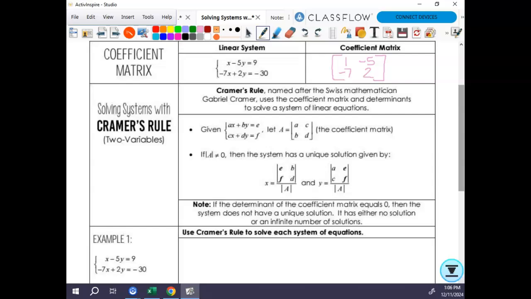We have the variable matrix, so like the x and the y. This would be our variable matrix. And then we have our 9 and our -30, and that would be our constant matrix.